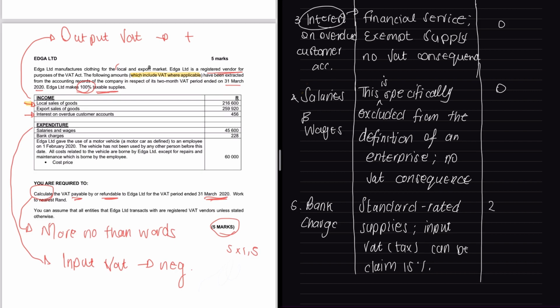We have an amount of 228 multiplied by 15 divided by 115, and this gives you an amount of 30. Again, let us remember our signs: negative 30, because it is input VAT. We said all input VAT will be negative for the purpose of this question.